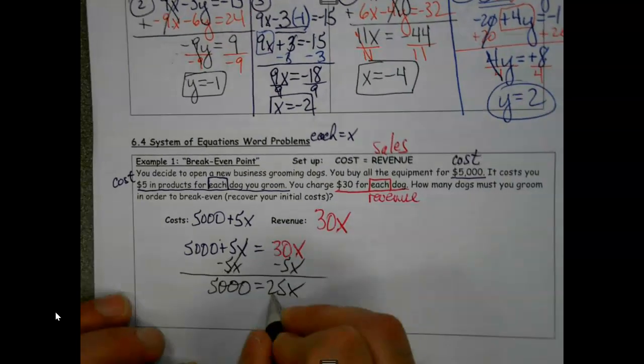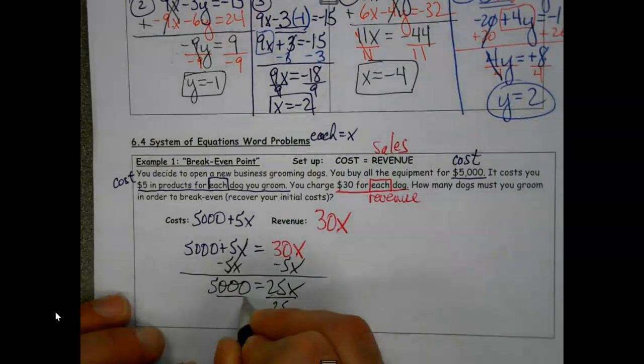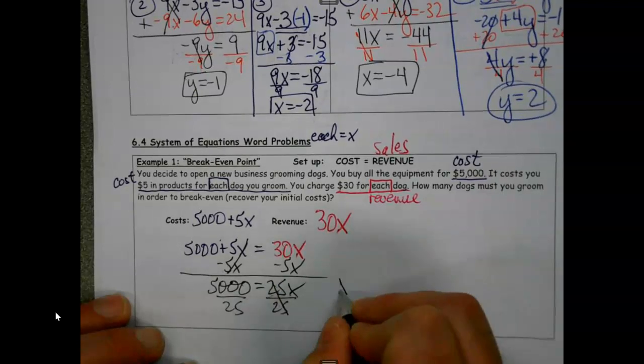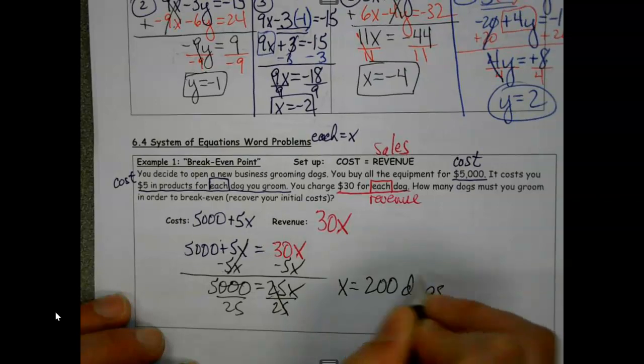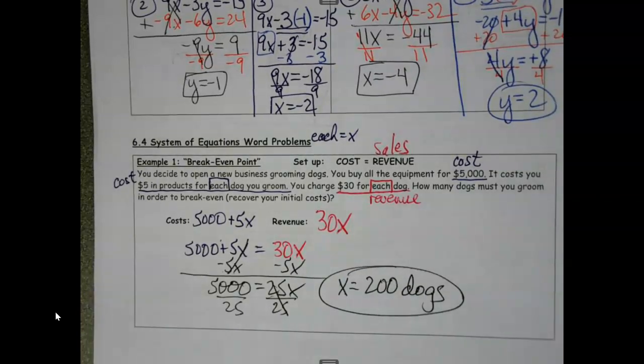And then we're just going to divide both sides by 25. Once we're down to the end, we'd have to groom 200 dogs to break even.